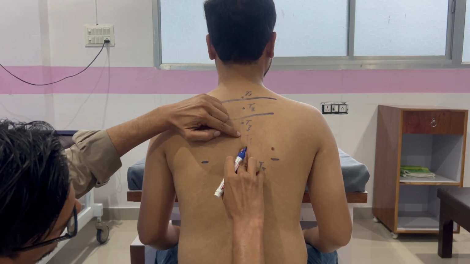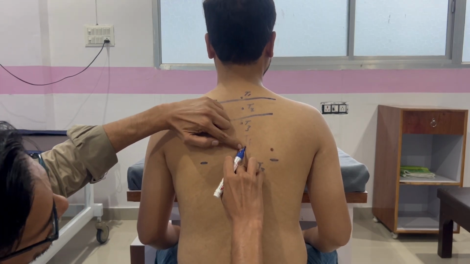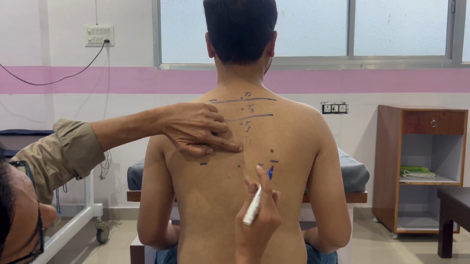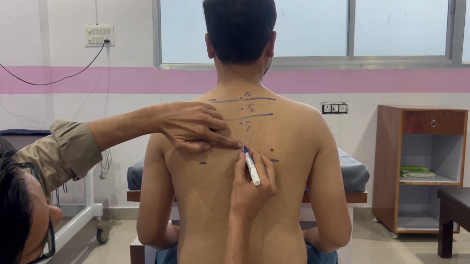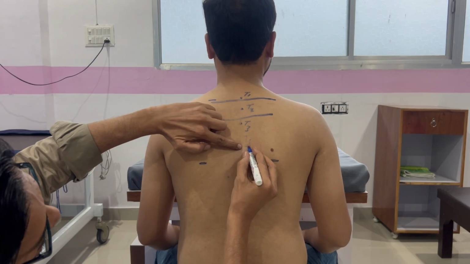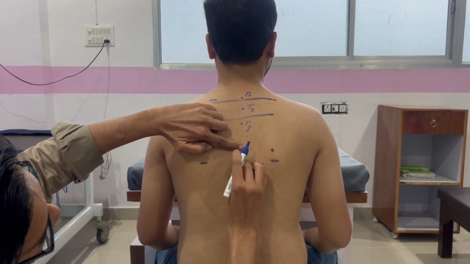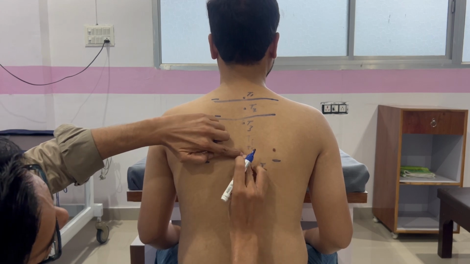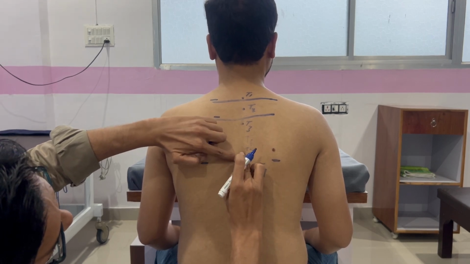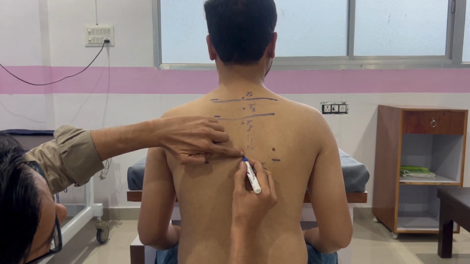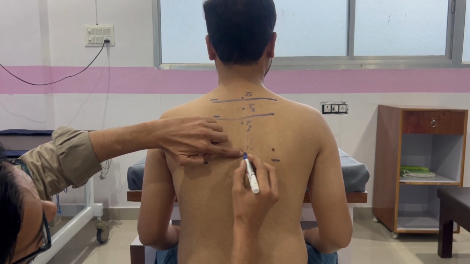Next, slide it down. Again apply and try to feel the bony prominence or edge of the spine. This is again found here. This could be your T5. Slide it again and try to identify another spinous process. I can feel it over here.